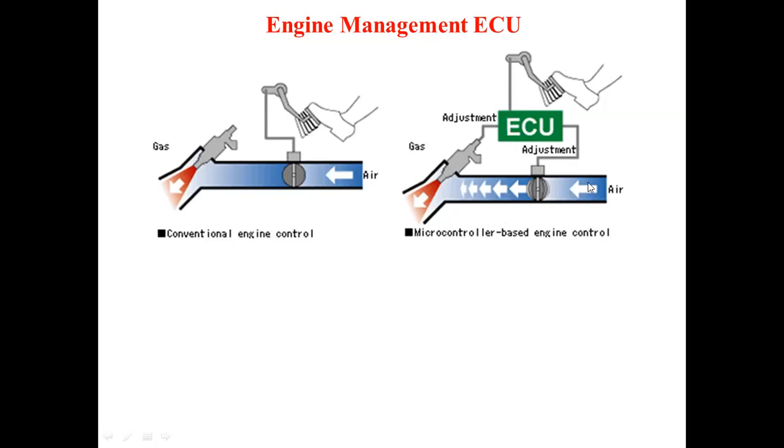So fuel and air are being supplied here, and whatever air passes through this, you are controlling the air-fuel mixture. With the help of this ECU, you are actually adjusting the air, how much quantity of air is being passed and how much quantity of fuel you are injecting through this injector.